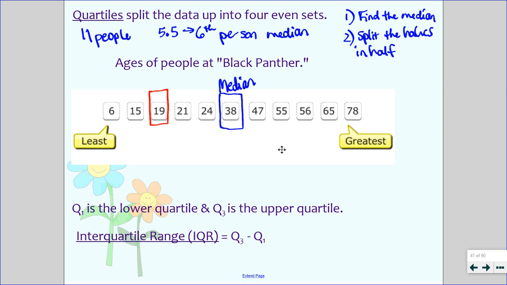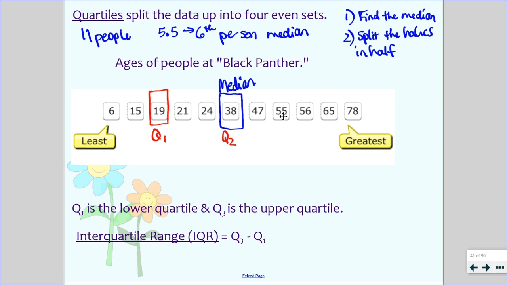So 19 we call Q1, or the first quartile. So the first quartile cuts off the first quarter of the data. So we have 6 and 15 being in the lower 25th percentile of ages. Okay. Q2 is just another word for the median, or the second quartile is just another word for the median.